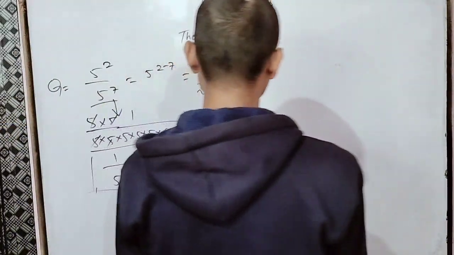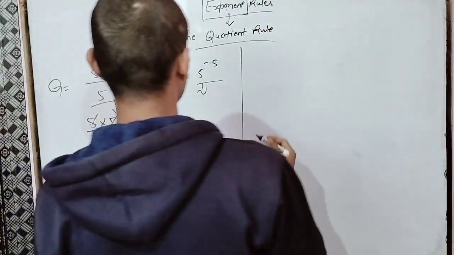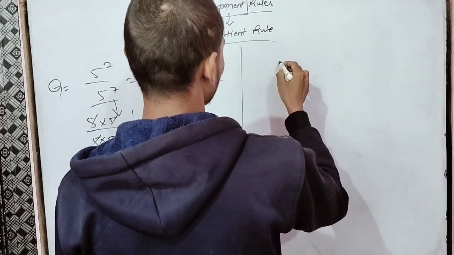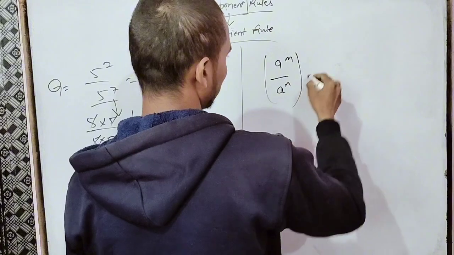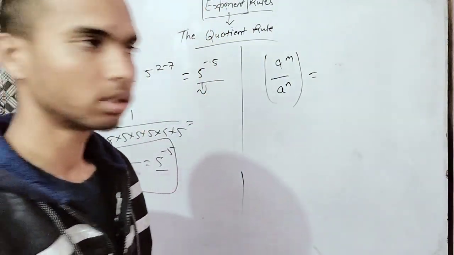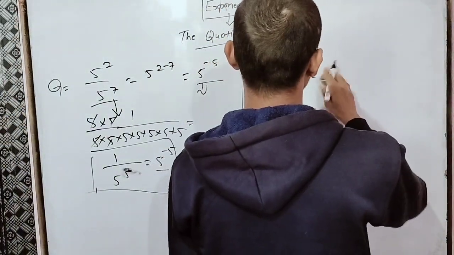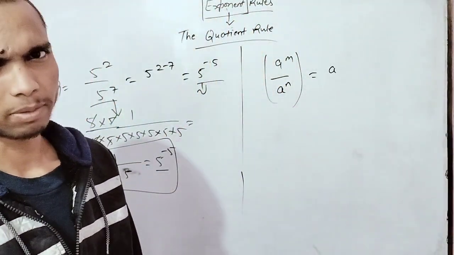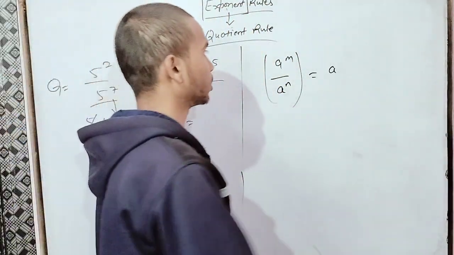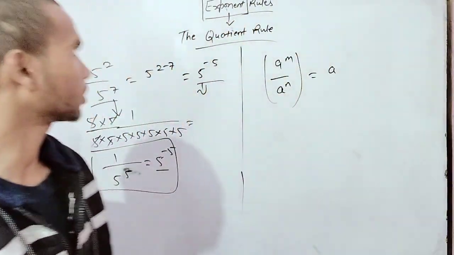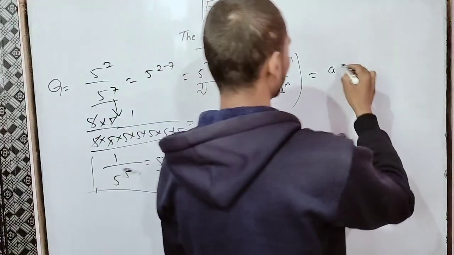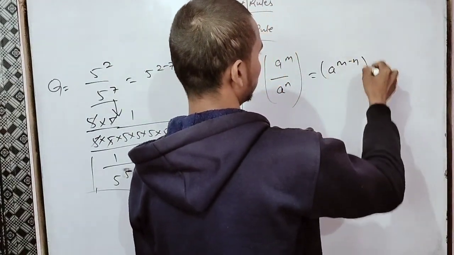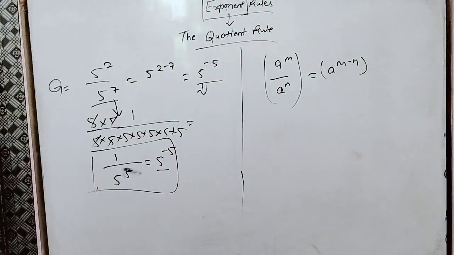So to remember, in alphabet form it is written that the base is the same, but exponent can be the same or different, it doesn't matter. Our base is common, that's why we are taking it as common. The quotient rule says just subtract the exponents of whatever we have. This is clear. Just have a look. Then we will move on to the next step.